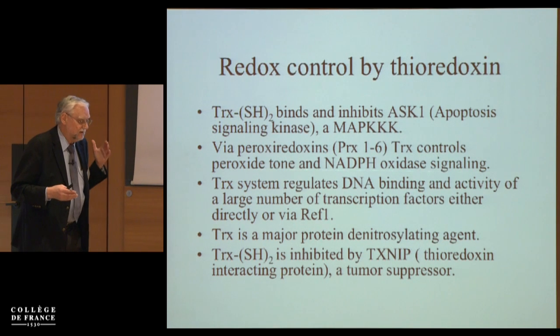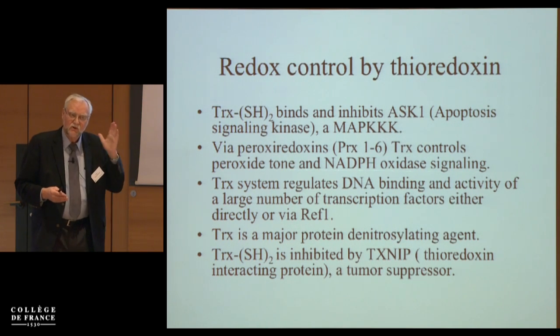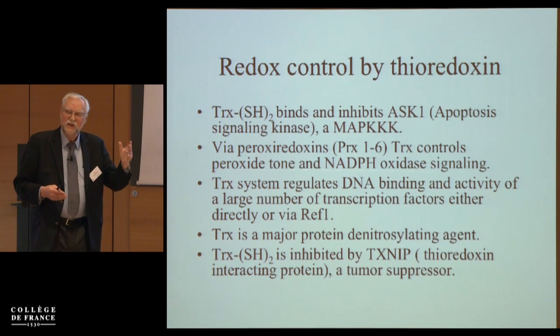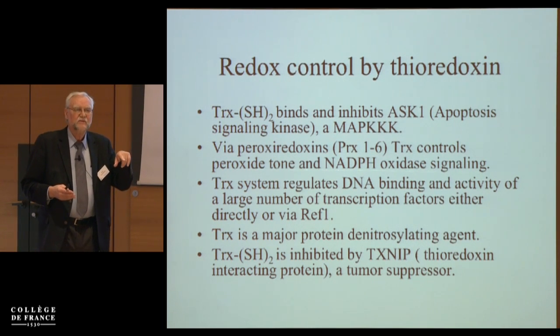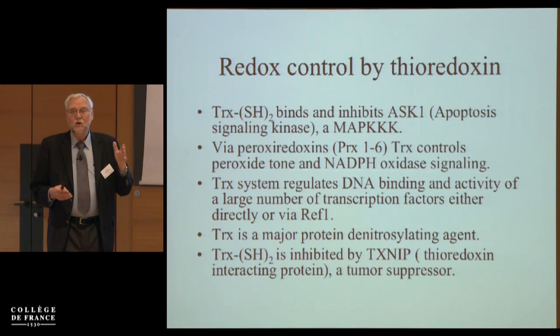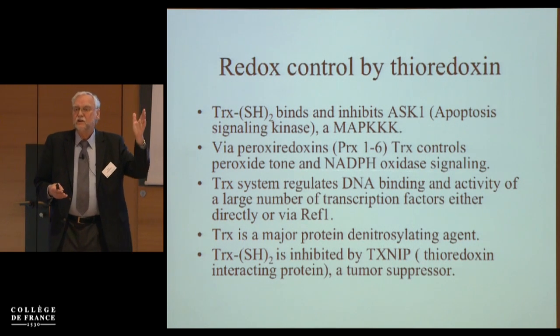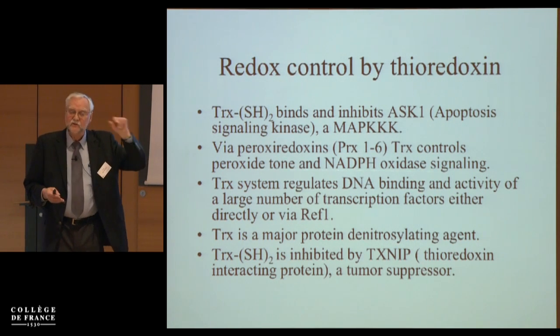Well, we showed that glutathione and glutaredoxin will reduce thioredoxin and keep it active. So there's a crosstalk between glutathione and glutaredoxin and the human thioredoxin 1. And this is because human thioredoxin 1, in contrast to the E. coli protein, has about 35 millivolt higher redox potential. So glutathione comes into play.